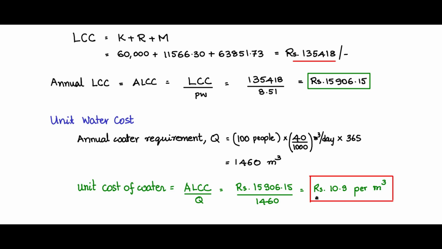This doesn't include the profits that the building organizations would like to have. So in this way, we can calculate the unit cost of water, unit cost of electricity, depending upon what type of system we are doing the life cycle cost analysis for.